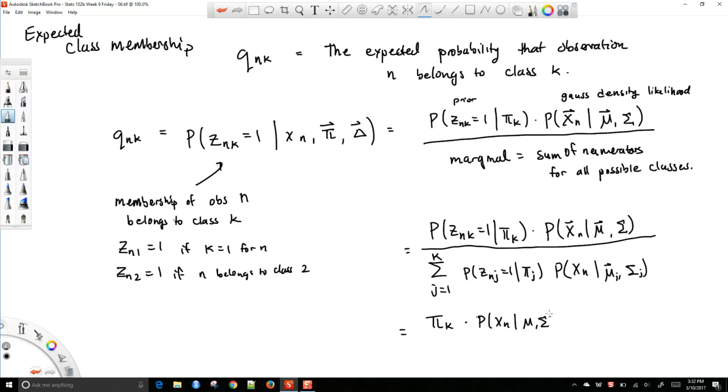And then this would be the sum across. Is this okay? So basically, I'm using a Bayes classifier to give me estimated probabilities that this point belongs to this cluster or this cluster or this cluster.